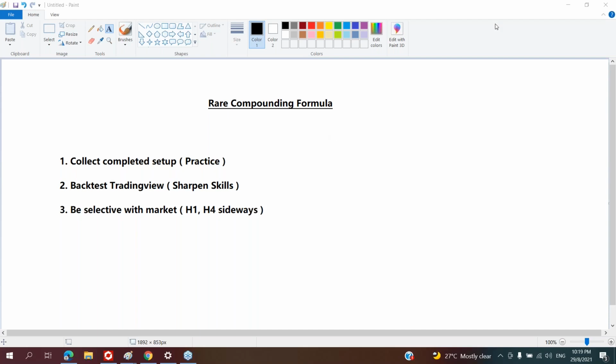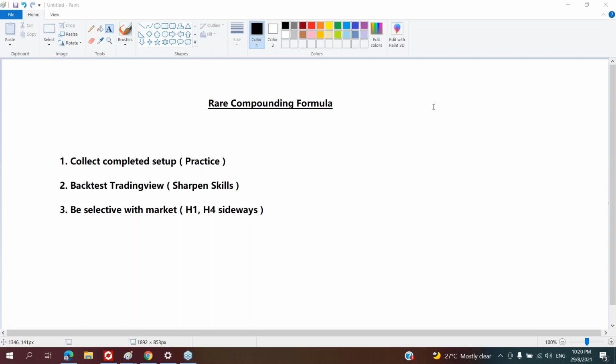So here I'm going to start with the rare compounding formula. I'm not going to talk about the other kinds of compounding, and there are a lot of types. It depends on what kind of trader you are and what setups you choose.